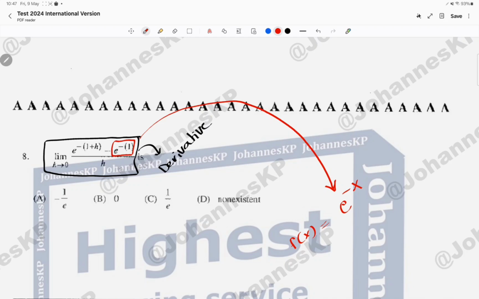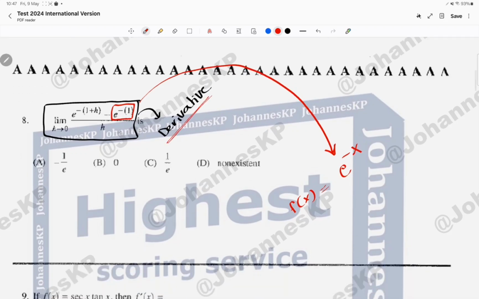But like I said, this equation is for a derivative. That means now you actually have to differentiate. So do you know how to differentiate e? Yeah. The first thing is you copy it, and the second thing is you multiply it by the derivative of the power. So what's the derivative of negative x? Negative 1. Exactly.